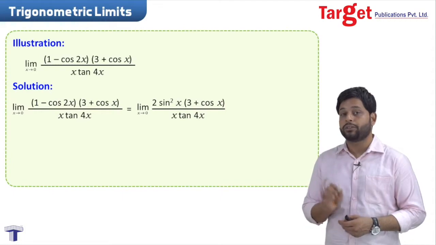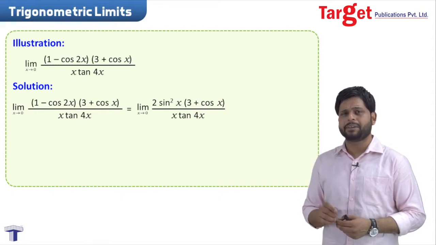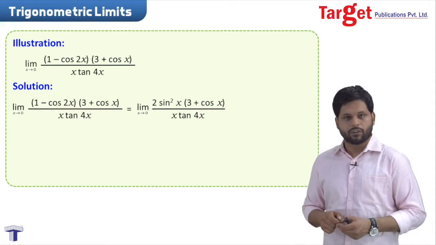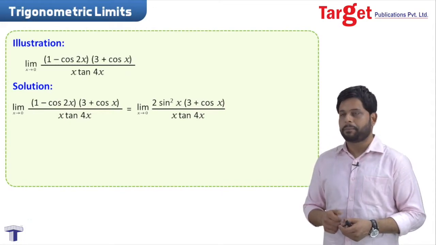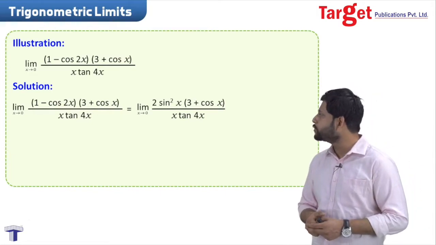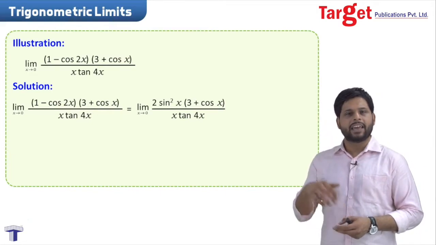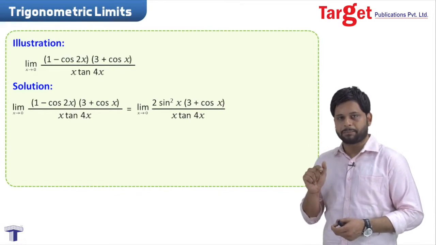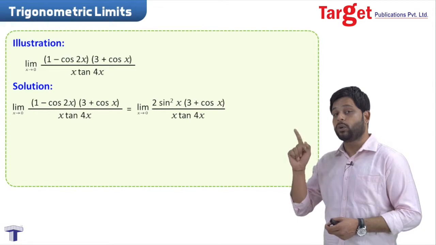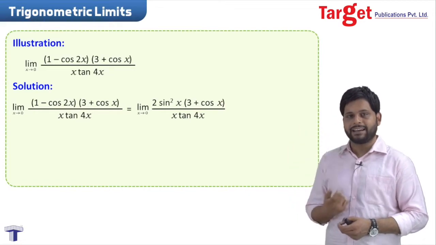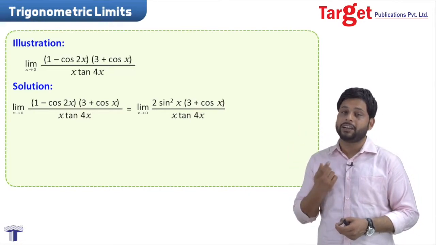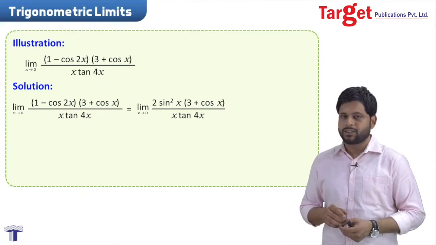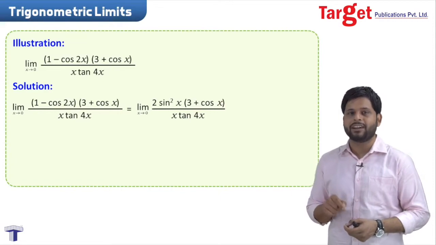Also, as you have seen in the formulas, sin x upon x is always equivalent to 1 for the limit x approaching 0. But in this case you have sine square x, so just as in sin x upon x the x and x should be the same, and if it were sin 2x the denominator should always be 2x, here with sine square x you should have x square in the denominator.